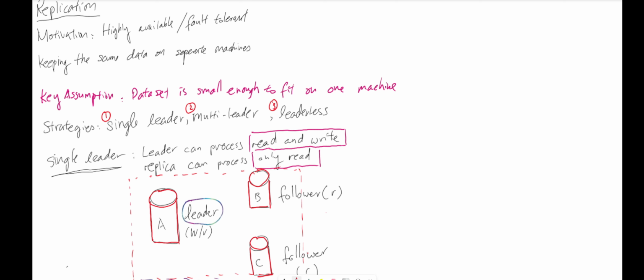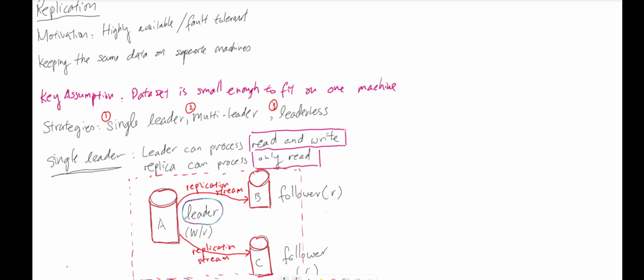Let me switch the color. And the leader passes replication streams down to the followers. So we have a replication stream down to the followers. Any modification done to shard A, our leader, is replicated to B and C.